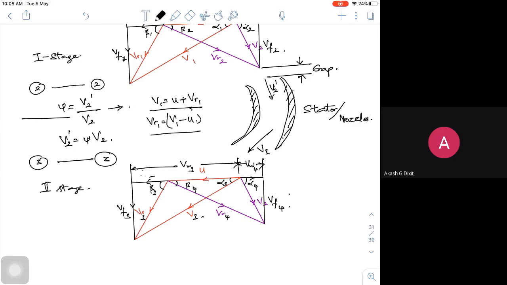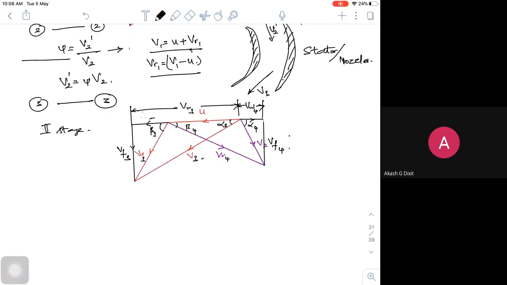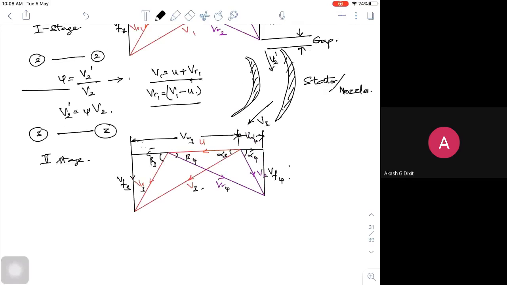And usually this number will be in the range of around 0.9. So there will be a loss of around 8 to 10%. So the psi will have a number of around 0.9 to 0.95. So that's the usual number. Now the fluid is flowing through your stator and it exits at some velocity V3.